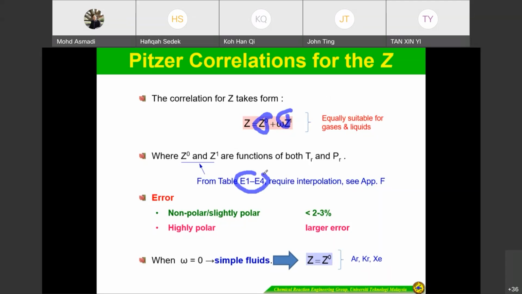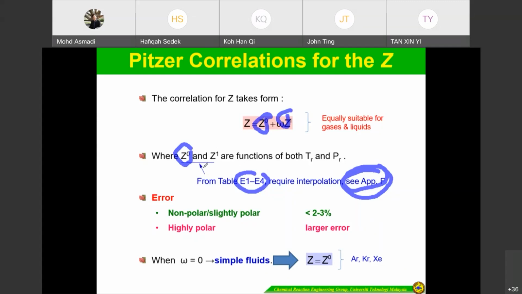So just refer to tables E1 to E4 in the appendix. It should be appendix E. I think for the new book it is appendix F. I'm not sure, but just determine this one. Table E1 or F1 gives the value of Z naught, and the next table gives the value of Z prime.